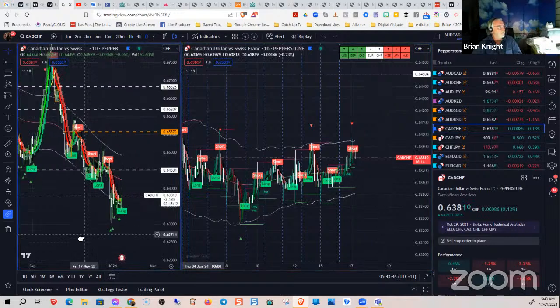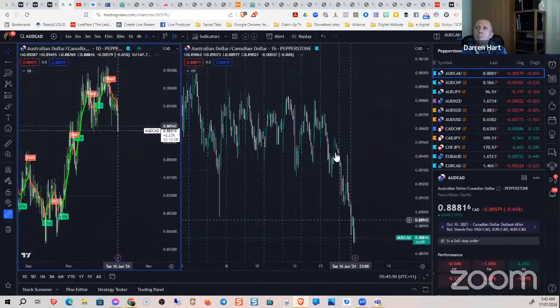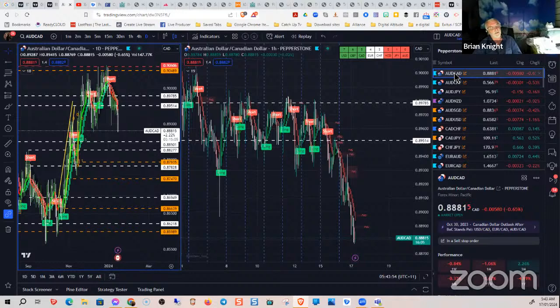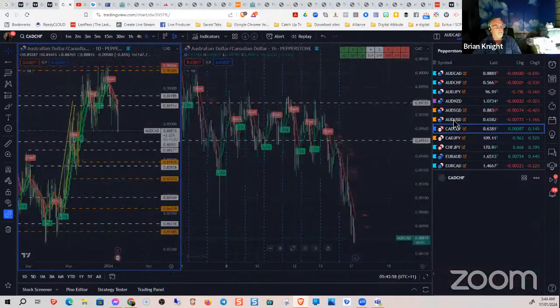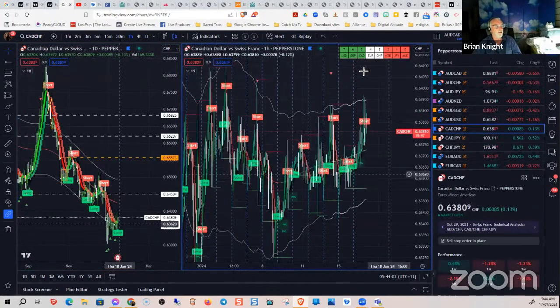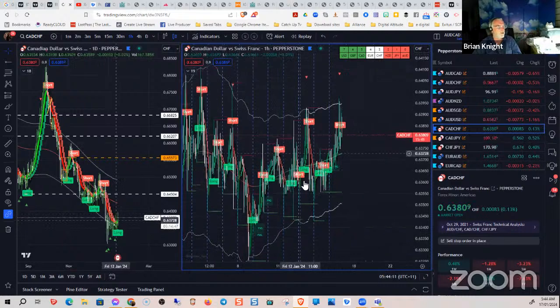But if we go back to AUD CAD, look at how the CAD has strengthened, but that is in relation to the Aussie dollar weakening. So there'll potentially be a pullback, and then we'll get another. So where's it? Yeah, it's pulling back.